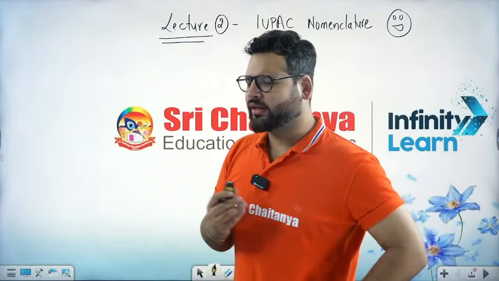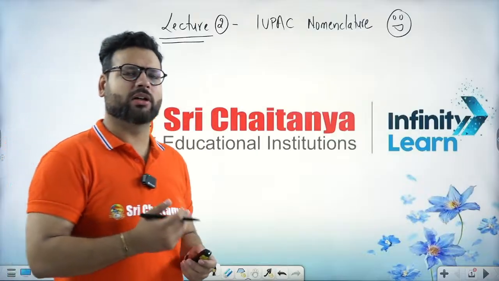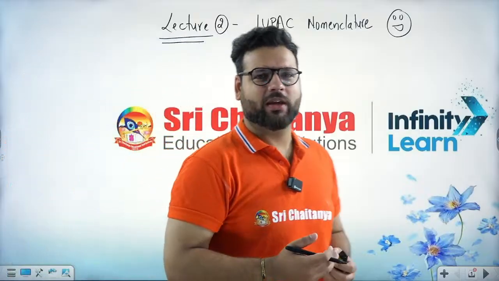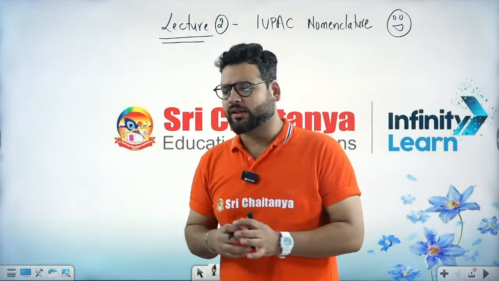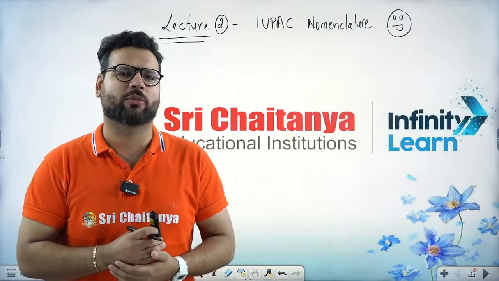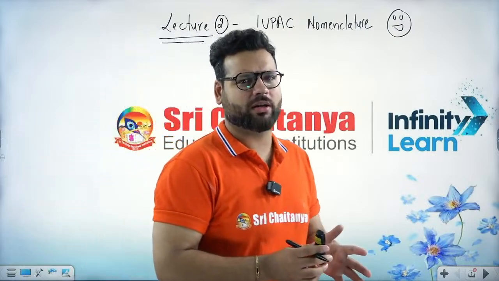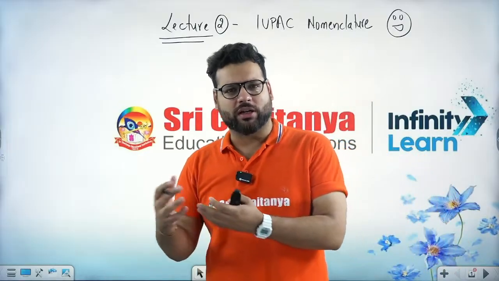I hope you have enjoyed yesterday's class and now today also you are eager to learn IUPAC nomenclature. Among all the chapters of organic chemistry, you have to learn IUPAC nomenclature. It's a very, very important concept, because many times a question comes, they might not give you the structure of the reactant.